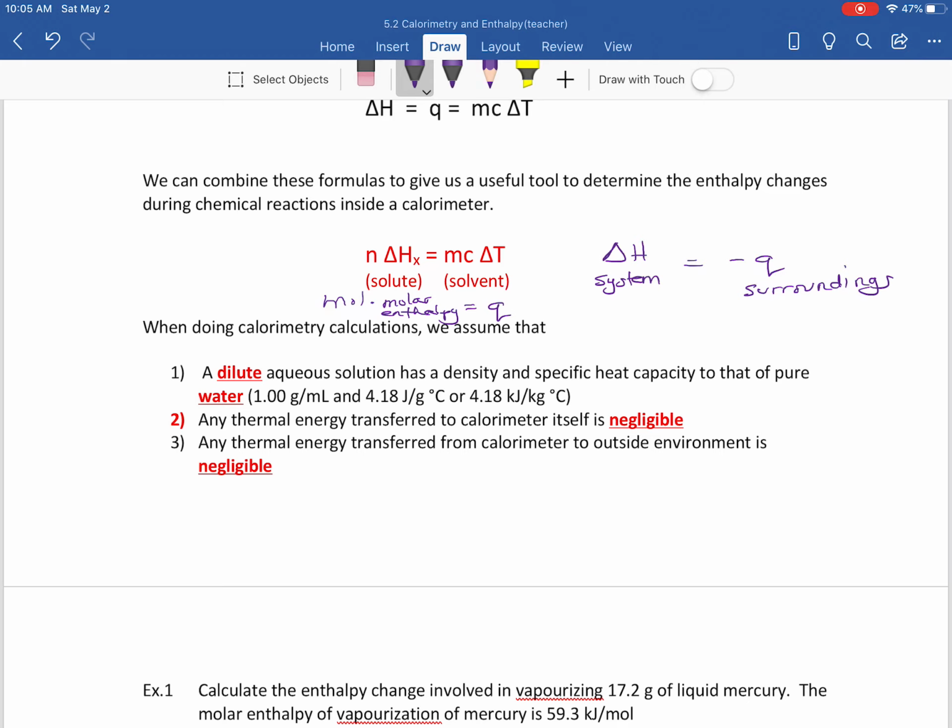Okay, so that's another way to say it. And remember, this is my system, my chemical system, and this is of the surroundings.